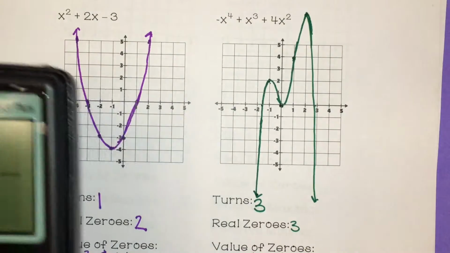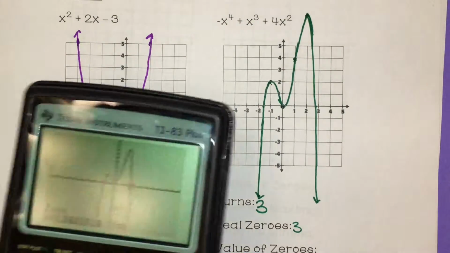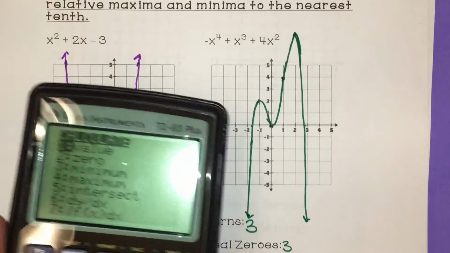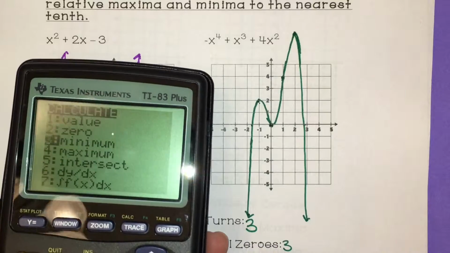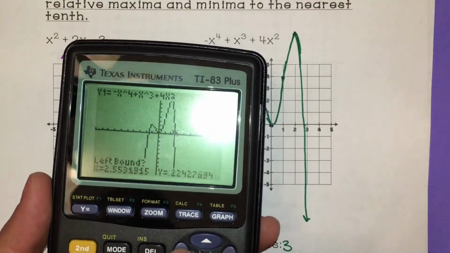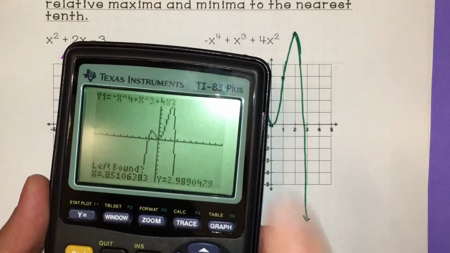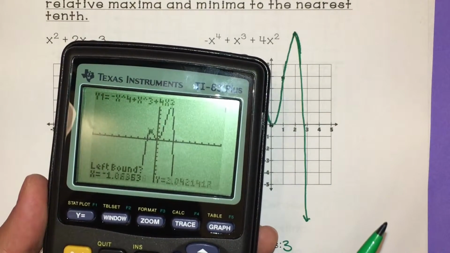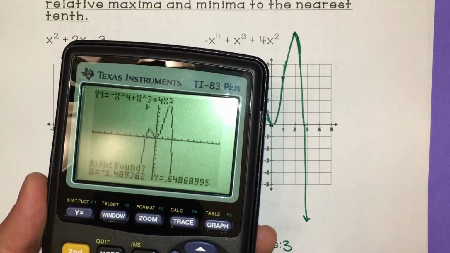All right, so let's look at, we go second calc. Well, let's look at that relative maxima. Let's start with this one. Okay, so I'm starting over here, so I have to get to the left of that curve. Press enter.